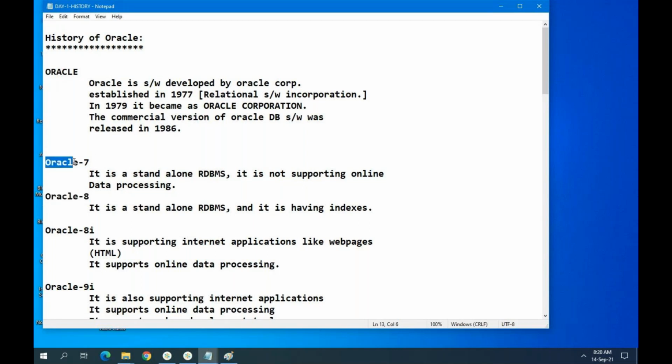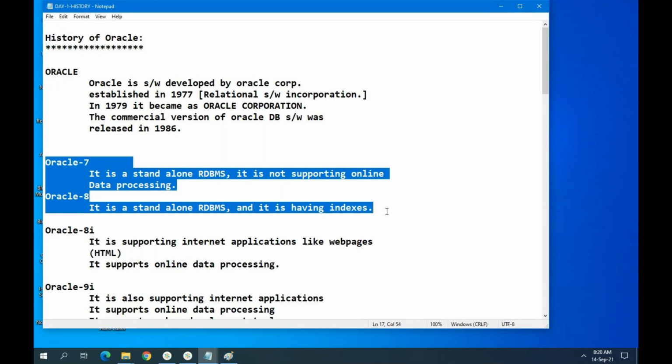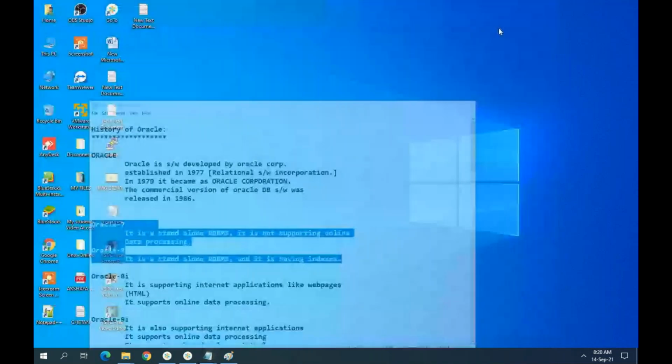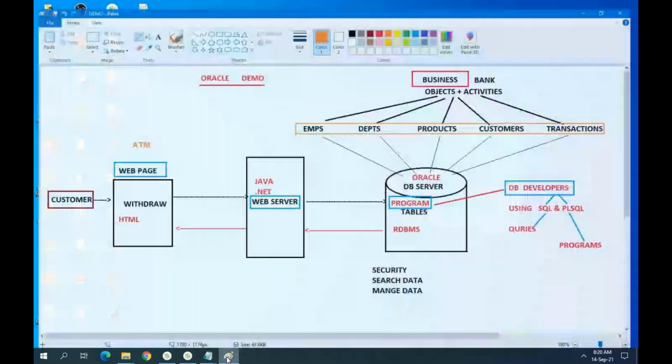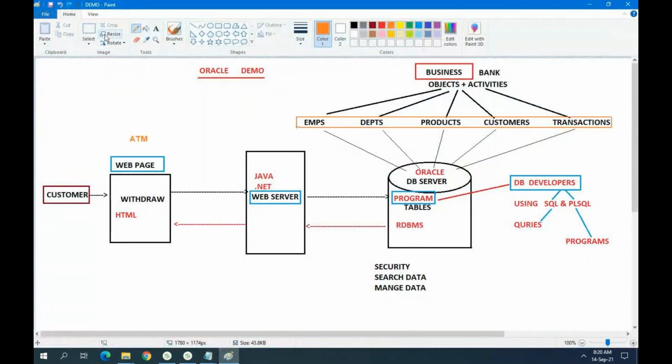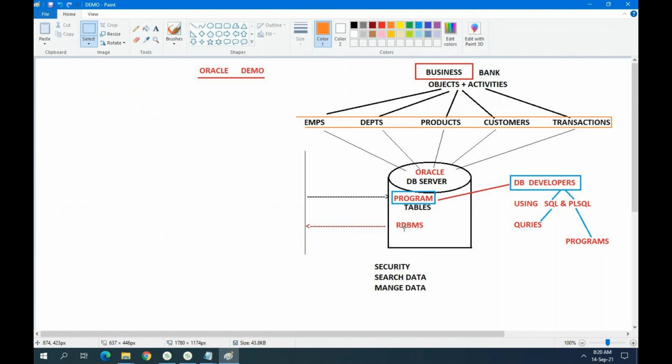Oracle 7 and 8, these two are known as standalone databases. What is a standalone database? To maintain company data or business data, you can use the database, but the data is not available for online users.